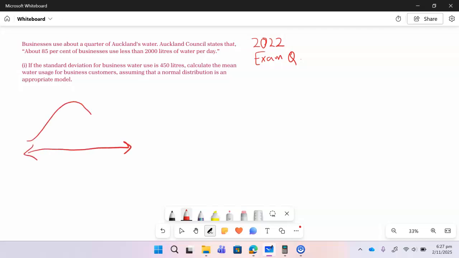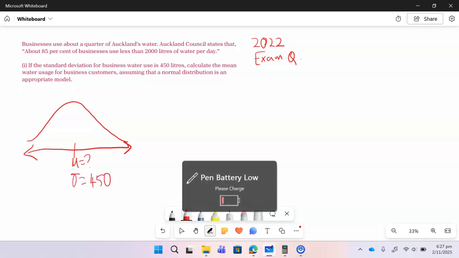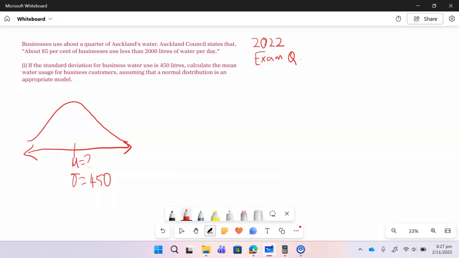So we'll sketch another curve. And once again, we don't know what the mean is. I chose this question so you could just practice a skill that we just learned. Standard deviation is 450 and 85%.